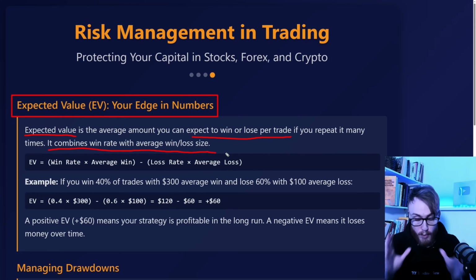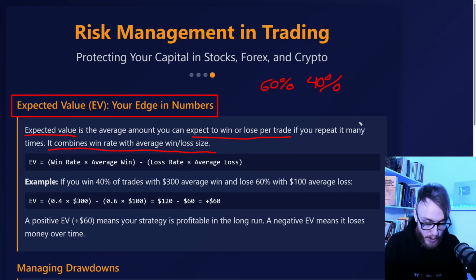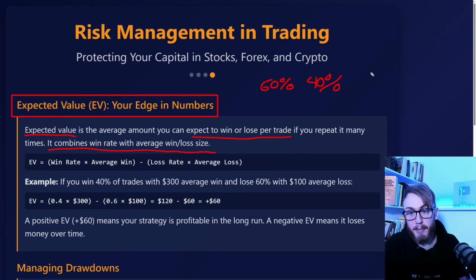This is basically a measurement that combines our win rate with average win and loss size. As a simple example, let's say we have a 60% win rate. This means that we also have a 40% chance to lose. If you have a trading opportunity with a 60% win rate, where you risk 100 and can win 100, then this is a trade you should always take, because if you take many of these trades, you will make money.